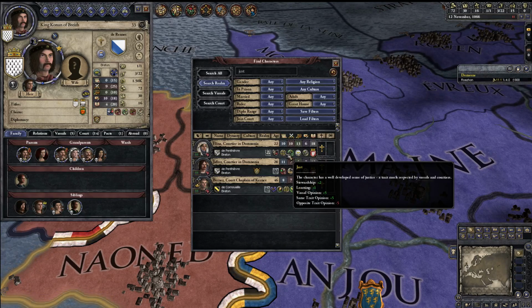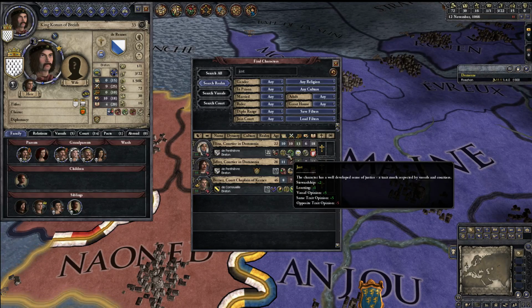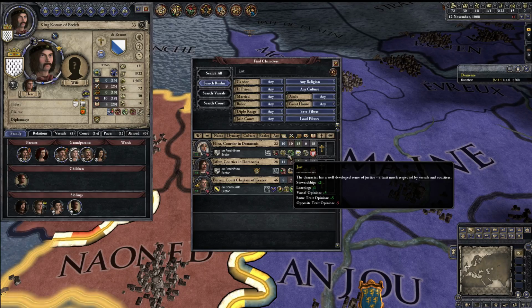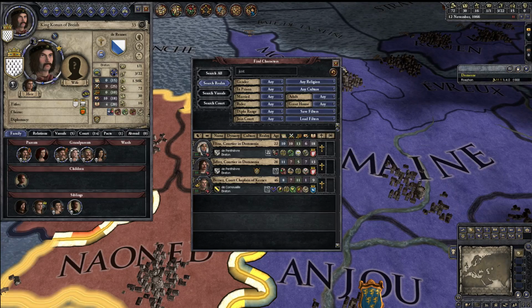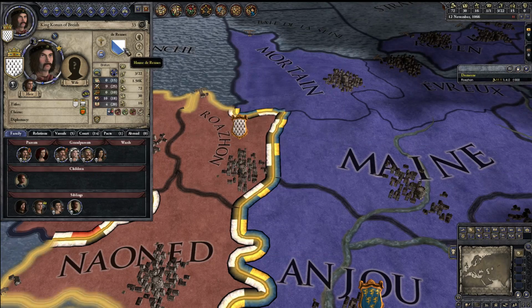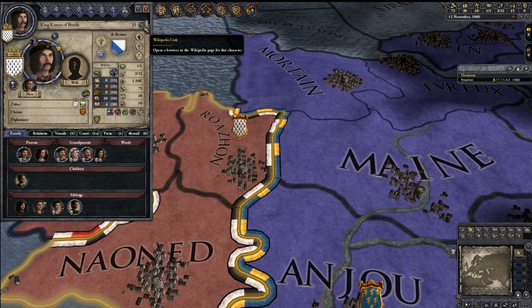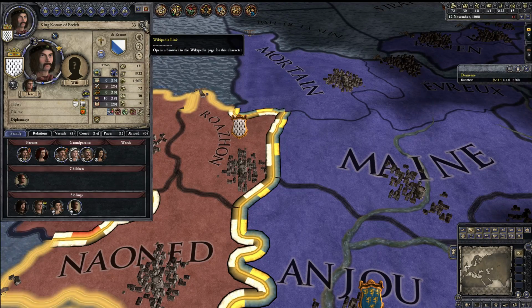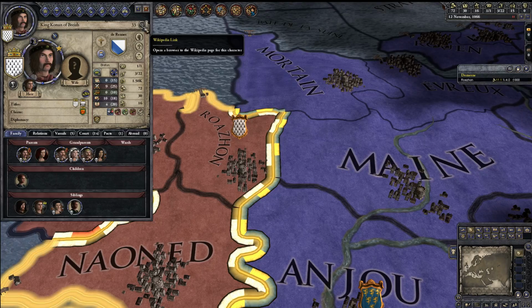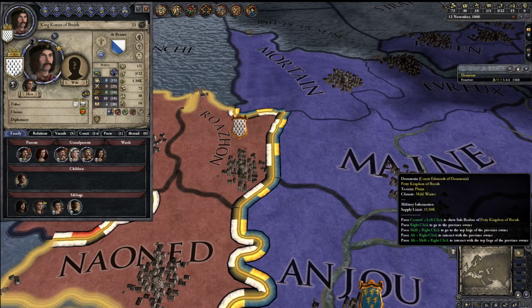Now you, of course, can have the wiki open and you can be looking through that, but this lets you do it in the game, and it doesn't take up any more time than it would to go check the wiki. Alright, and speaking of the wiki, we're going to scooch up here into this button, and this opens a browser to the Wikipedia page for this character, if this is a real historical character, which I believe this one is.